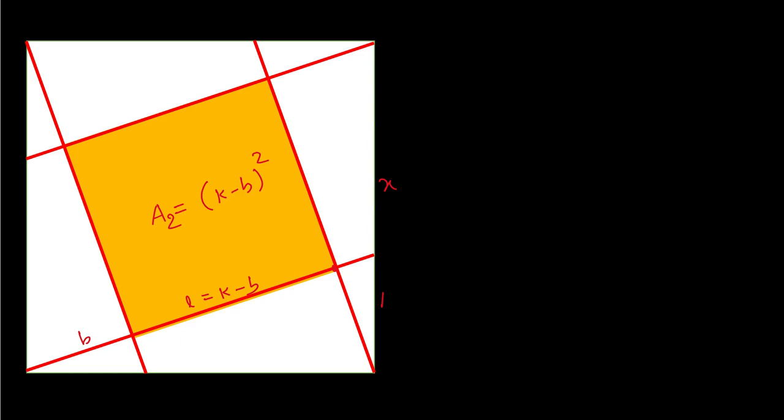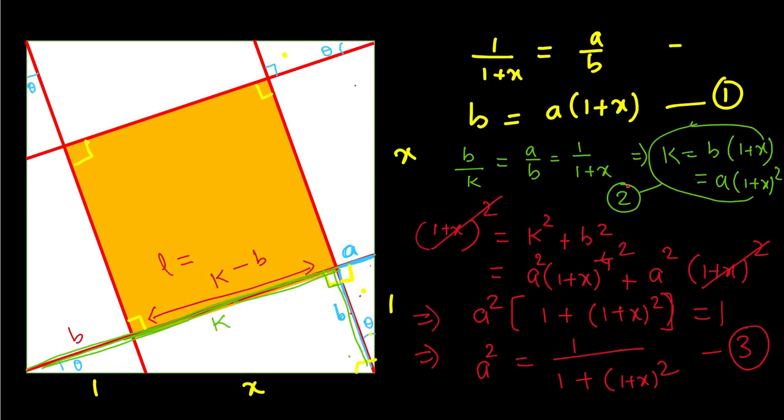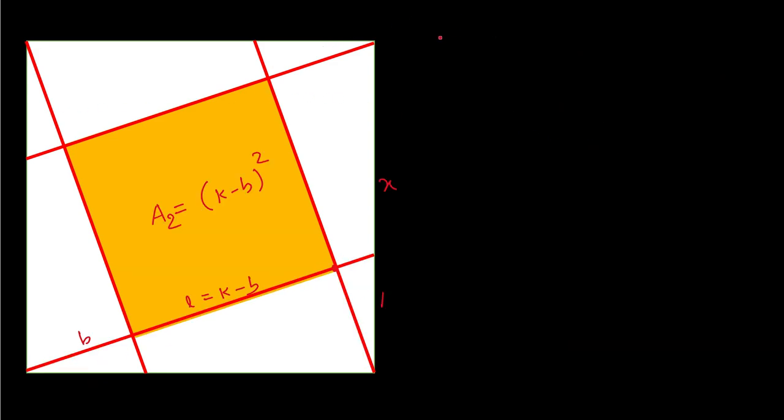So what is k and what is b? K is a times (1 plus x) whole square. A times (1 plus x) whole square minus b, where b is a times (1 plus x), and the square of the whole thing. This is equal to A2.